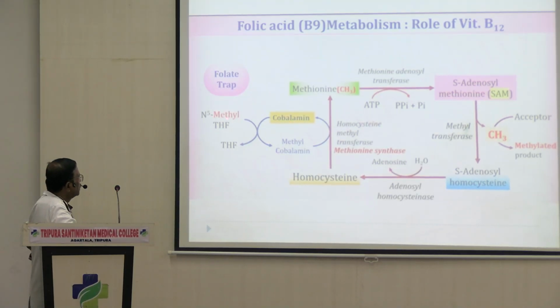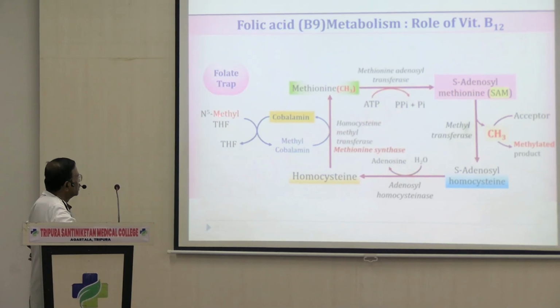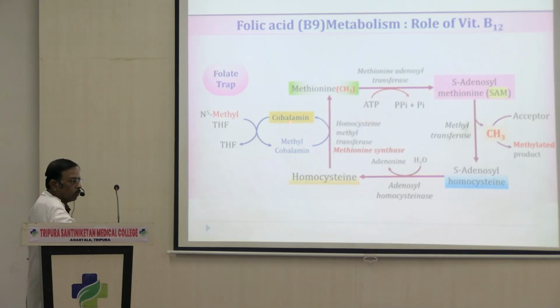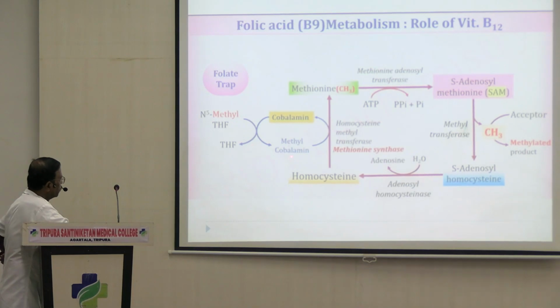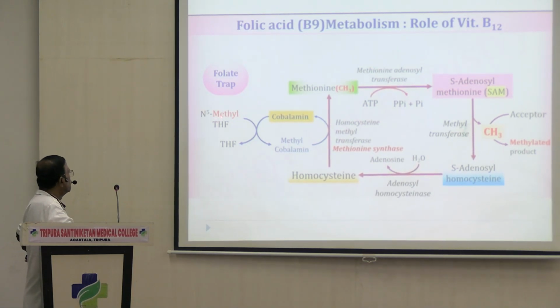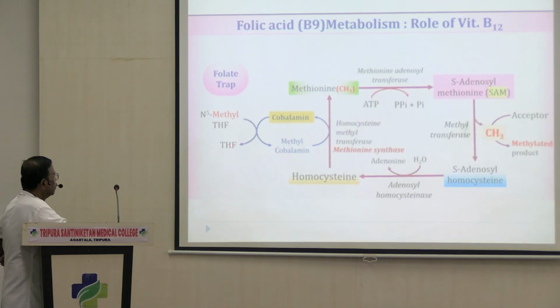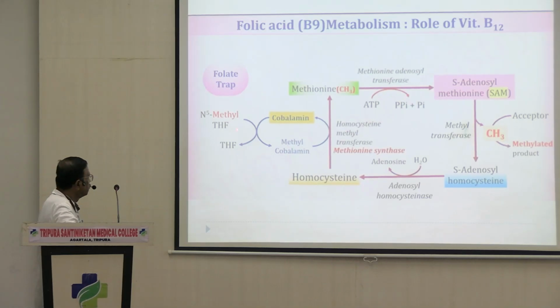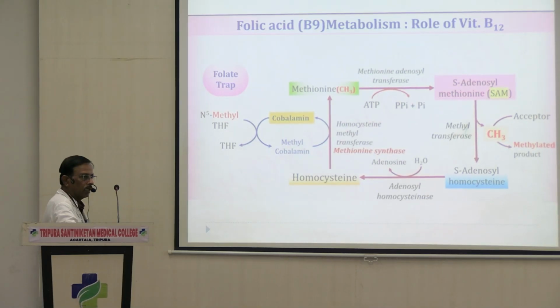Now N5-methyl tetrahydrofolate gives the methyl group to the cobalamin and again methyl cobalamin is formed. The methyl tetrahydrofolate becomes again tetrahydrofolate. Now it is free to undertake a fresh reaction.